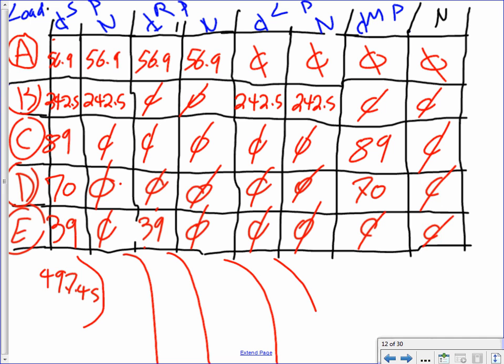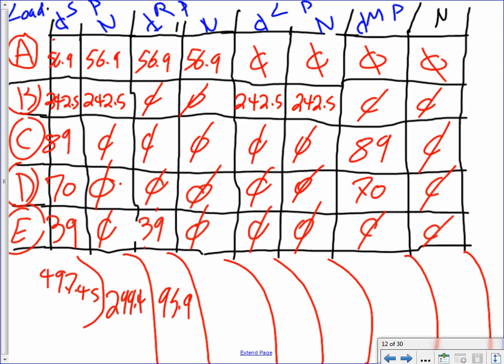The neutral will be 299.4. 299.4 here. The second panel, I have 95.9. For the neutral, it will be only 56.9.